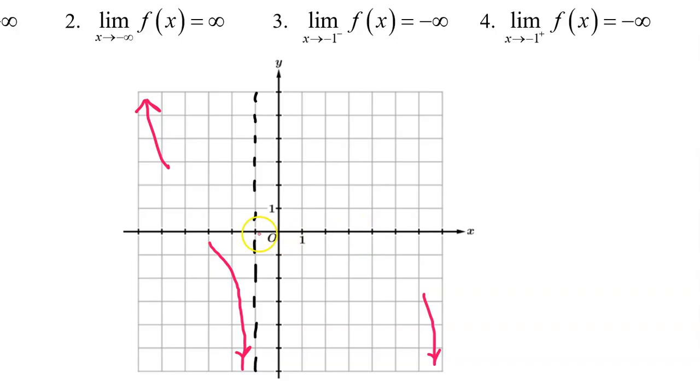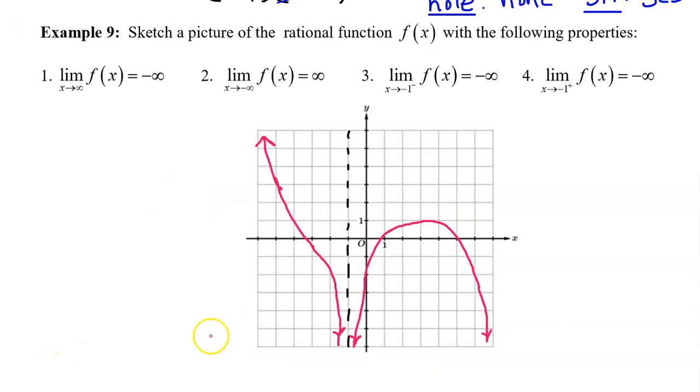So coming from this side, the graph is again approaching negative infinity. So sort of connecting these up to make a possible graph. Here's one possible solution. There are many solutions, so don't just copy me, make your own graph.